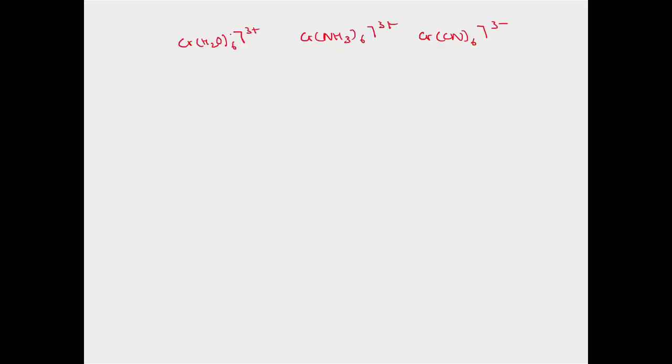Now again, in all the cases we can see that there are 6 ligands, so this is an octahedral complex. As we discussed in the earlier question as well, in an octahedral crystal field the degenerate d orbitals are split into two sets. One is T2g and the other one is Eg.